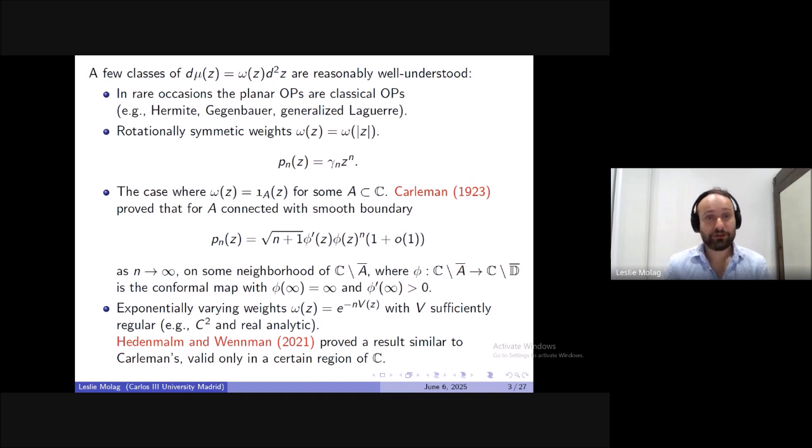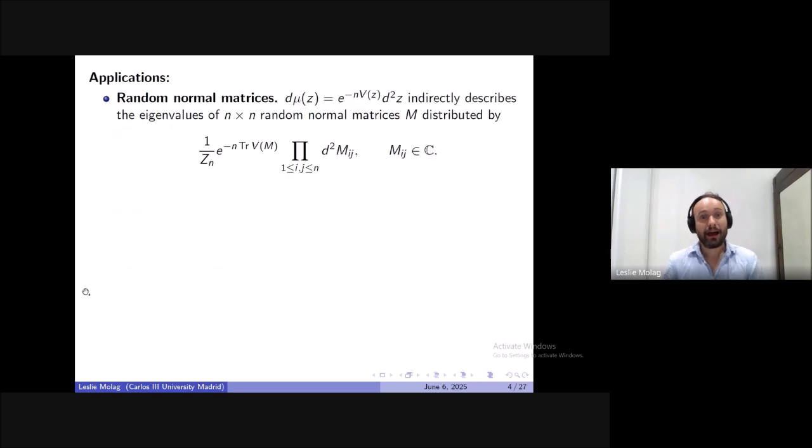But first, let me introduce some applications of these exponentially varying weights. The main application is what we call random normal matrices. It turns out that this exponentially varying measure in some way describes the eigenvalues of random normal matrices, matrices M which are distributed according to this expression here.